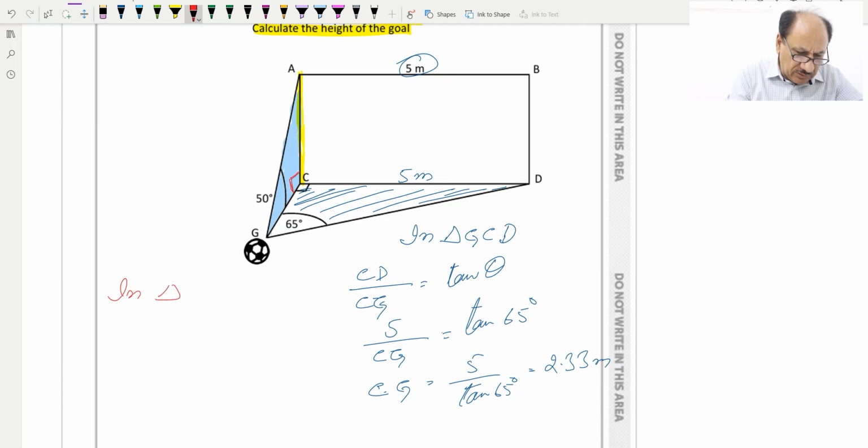In triangle ACG we can write AC over CG.